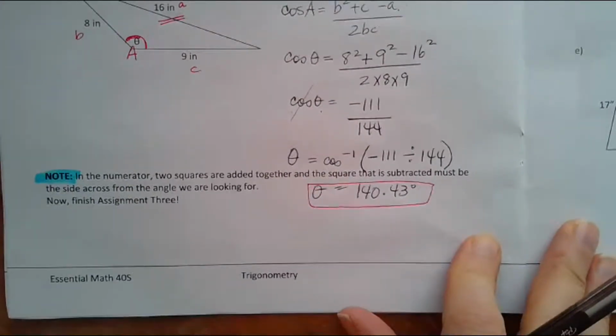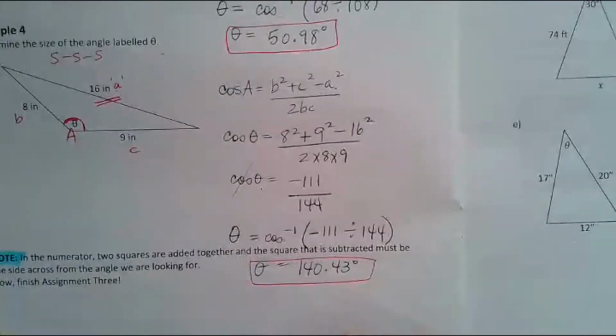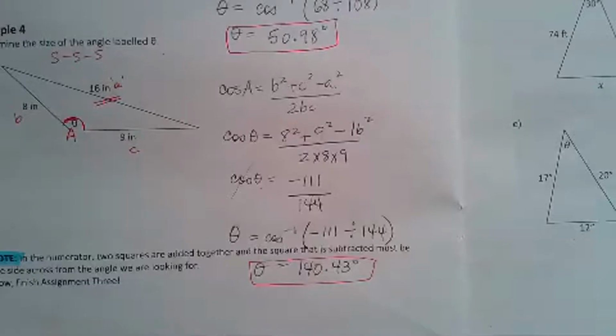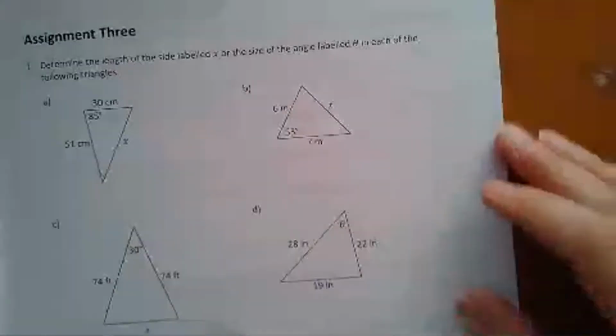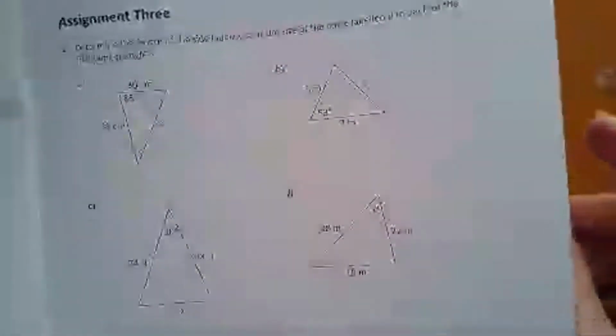All right, I don't see any other questions from anyone. I will post all these notes like I always do. I see a few people watching, but only one is asking questions, so I'll stay on the line a little more. Your homework is to work on assignment 3. It's pretty standard and straightforward, just a bunch of law of sines and cosines.